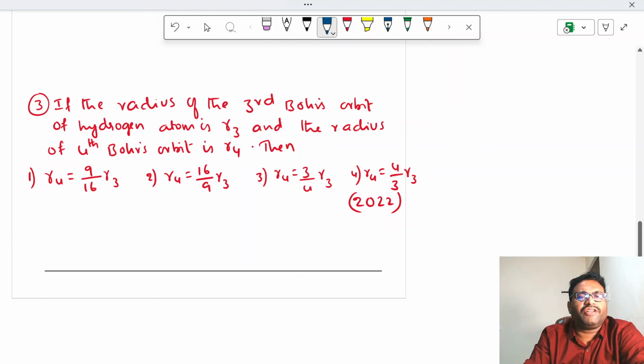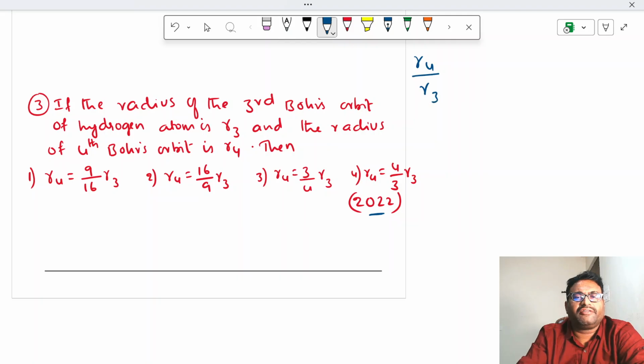So next question. If the radius of the third Bohr orbit of hydrogen atom is R3 and radius of the fourth Bohr orbit is R4, then R4 by R3. This was asked in 2022. So this is hydrogen atom, Z is equal to 1.